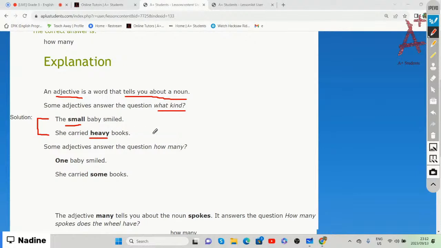So we can say heavy books, comedy books, thriller books, horror books. She carried the Harry Potter books. There are many ways to describe or to modify what kind of books, however you are describing the noun.